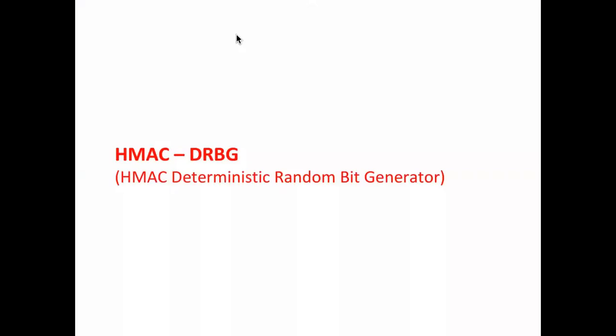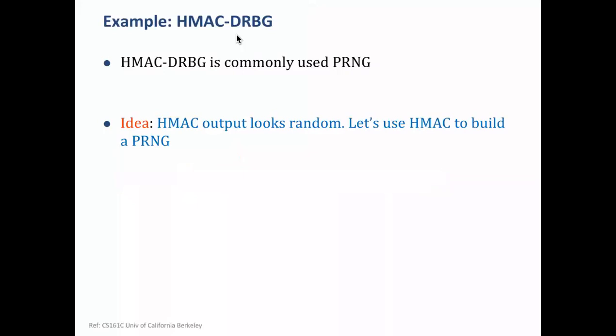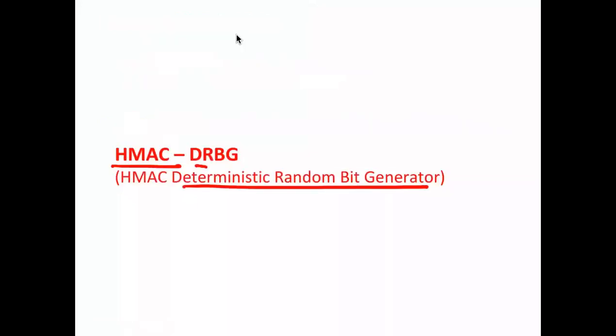All right, let's take another five minutes, and then let's look at one way of generating a pseudo random number. It is called HMAC. We know by now what HMAC is, hash MAC, right? And we use that to generate DRBG, deterministic random bit generator, not DBRG, DRBG.